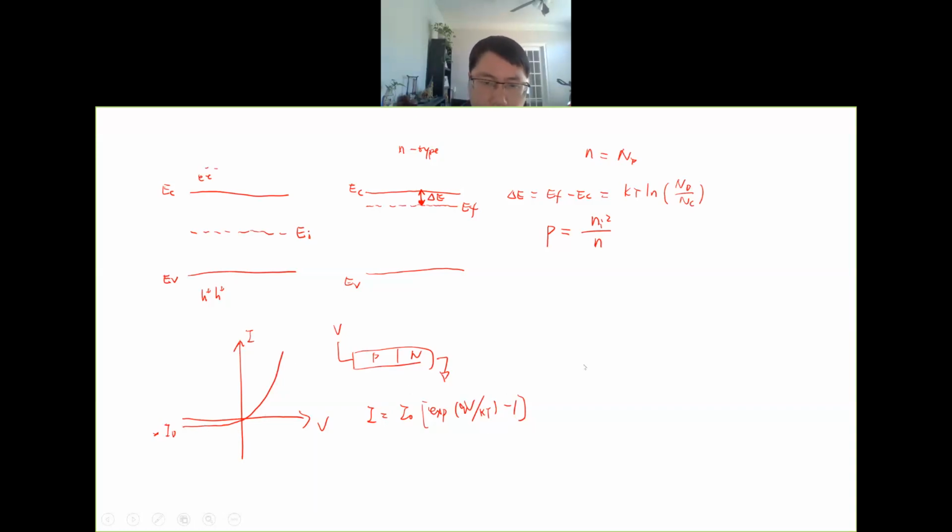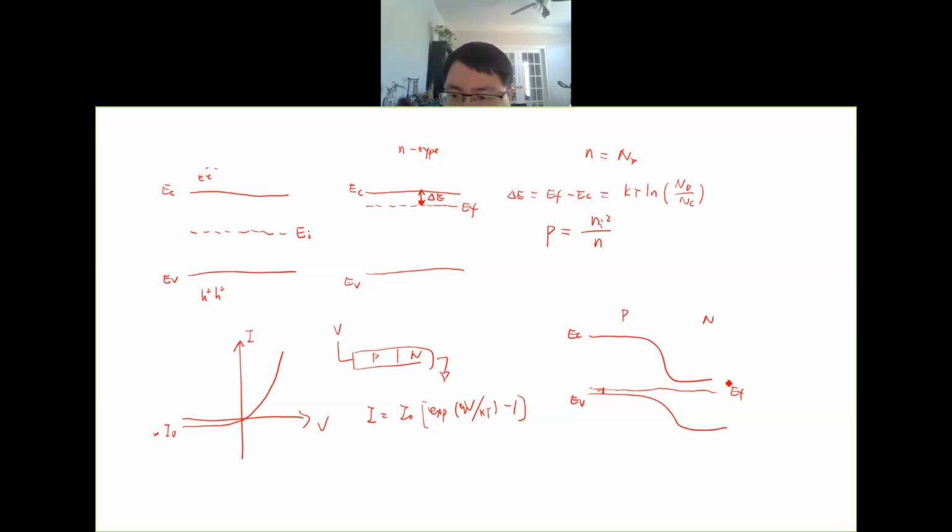And also for the p-n junction, we can draw the band diagram. The p-n junction will have this kind of band diagram, P and N. In the equilibrium state without any external voltage, we will have a single Fermi level. And this side is P because the Fermi level is closer to the valence band.